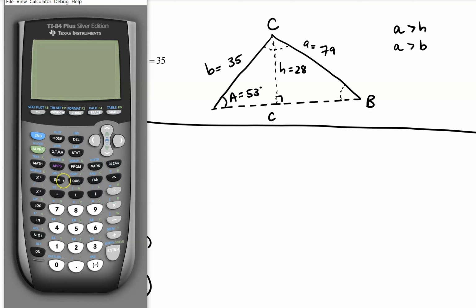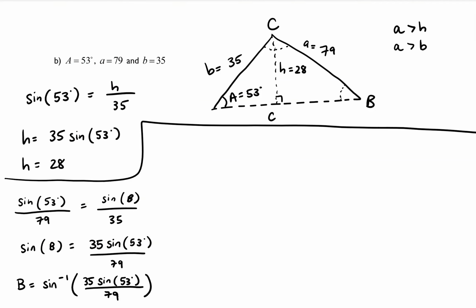So I have sine inverse of 35 times sine of 53 divided by 79. And I'm going to round that to the nearest whole number, so that's going to give me that B is equal to 21 degrees. So I'm going to put 21 degrees there.